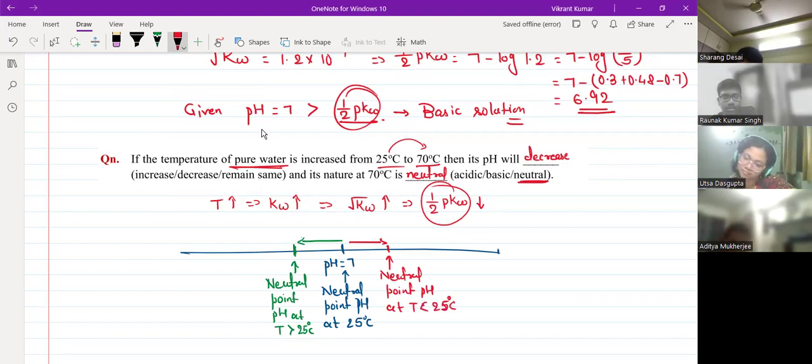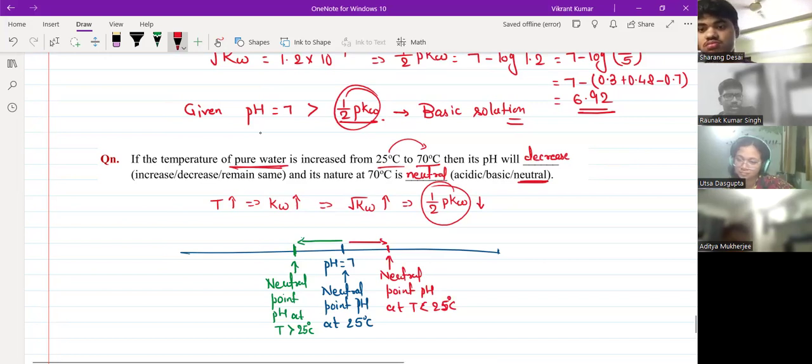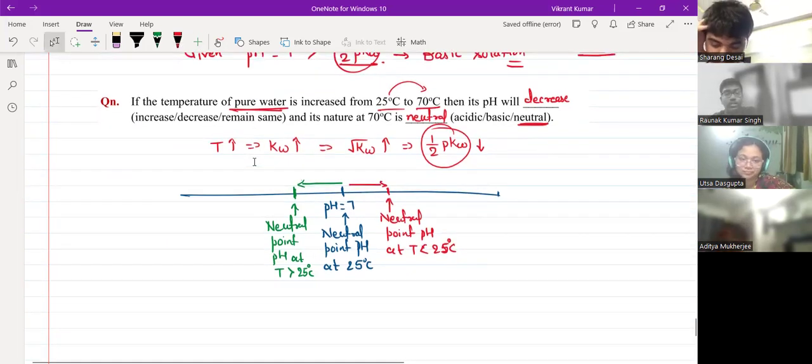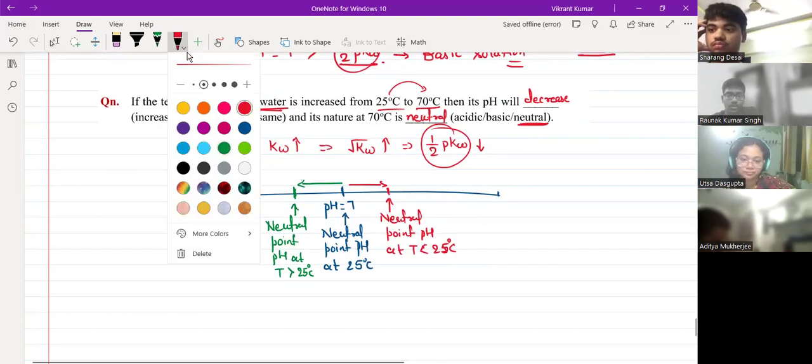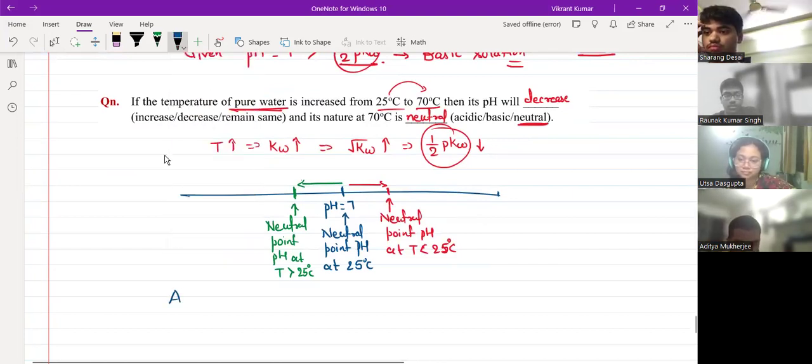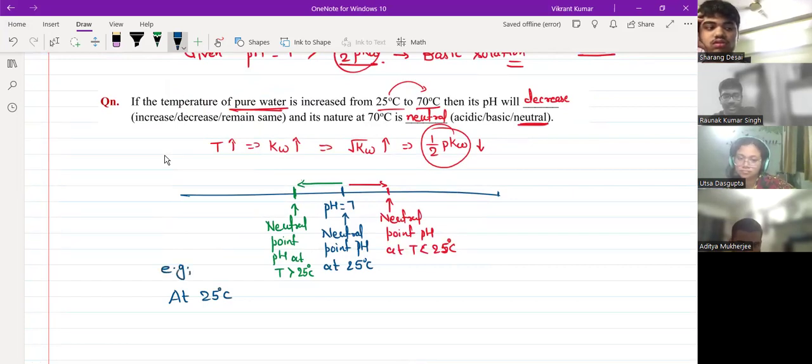Now, if I say I'm having temperature equal to 30 degrees C, pH equals 7 is acidic, basic, or neutral? So I'll write three situations. At 25 degrees C, pH equals 7 is neutral.